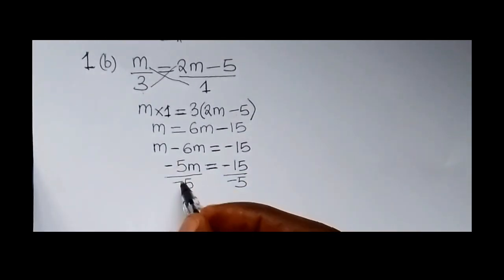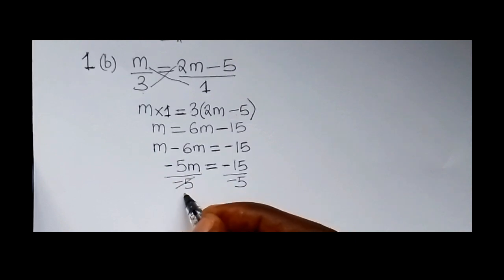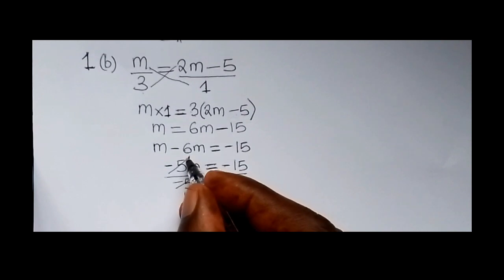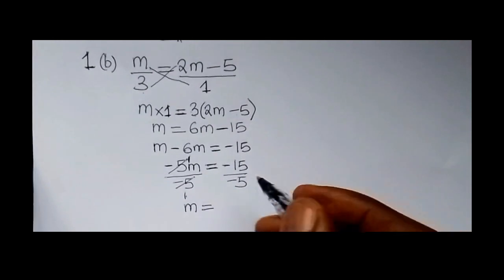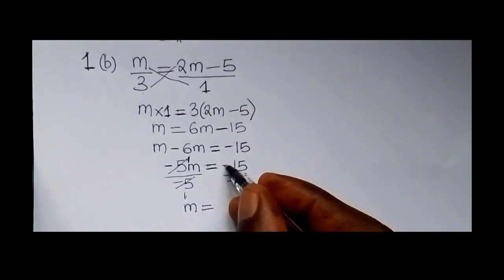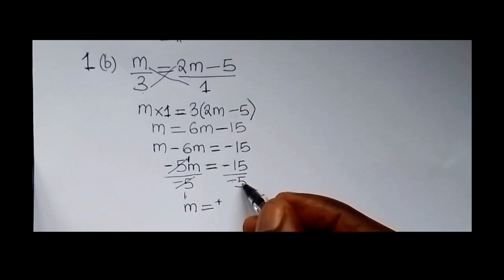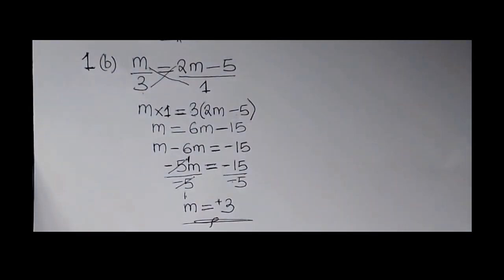Negative 5 into negative 5 is 1, so 1 times m is m, equal to negative into negative, which gives us positive, and 5 into 15 is 3. So m is equal to positive 3.